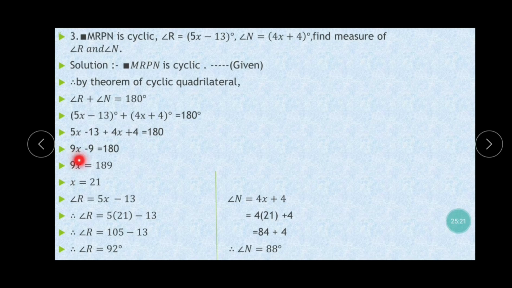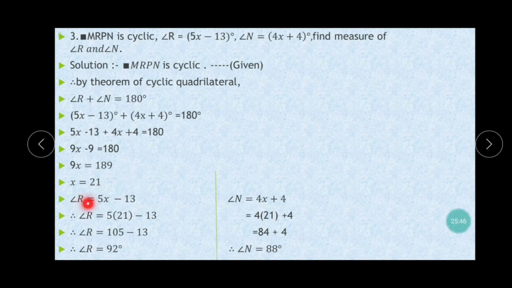So it will be 9x minus 9 equal to 180. 9x equal to 180 plus 9. This 9 will go to the other side. So it turns out to be plus. So 180 plus 9 is 189. So 9x is equal to 189. So x will be equal to 189 upon 9, that is equal to 21.